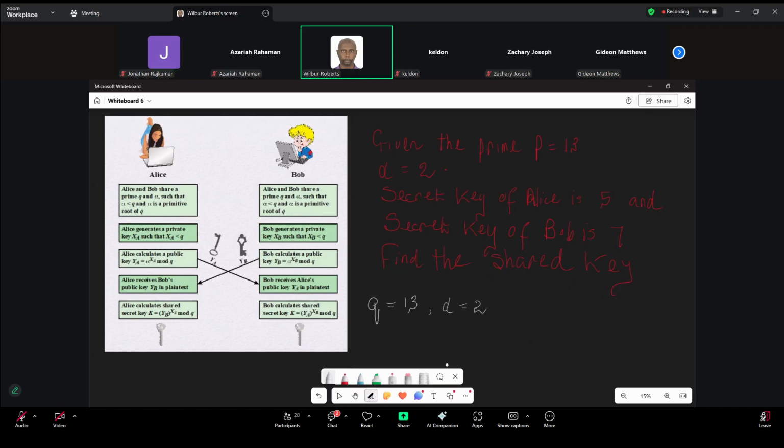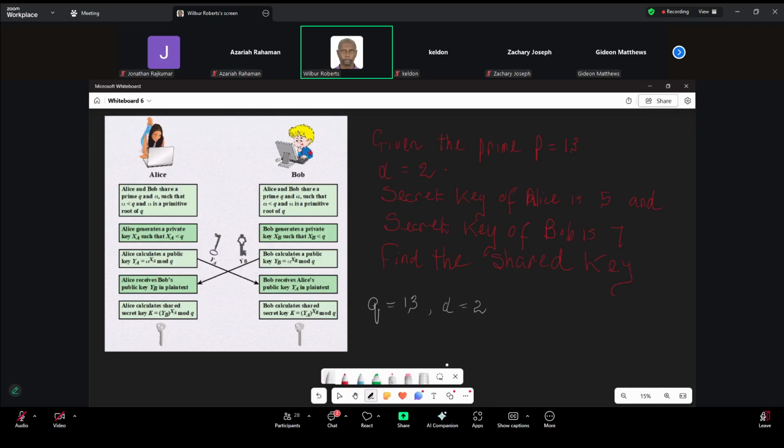So just keep looking down. Then they say, Alice generates a private key. Well, private is the same as secret, right? So Alice generates a private key XA, or a secret key XA.